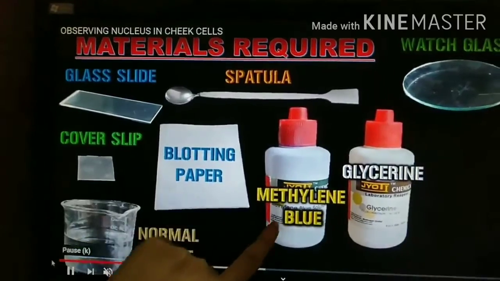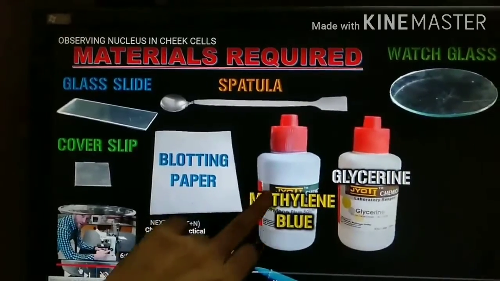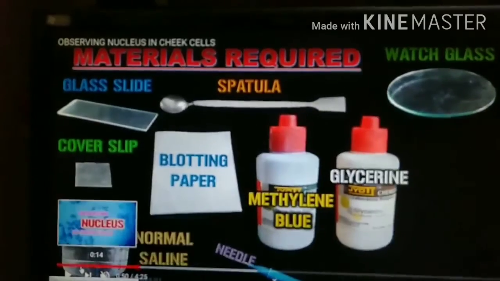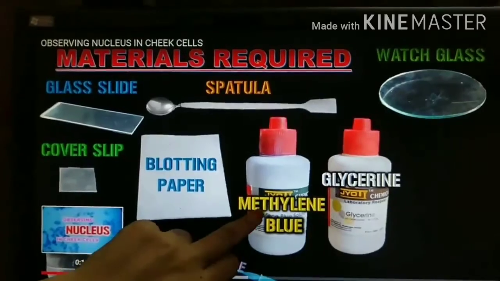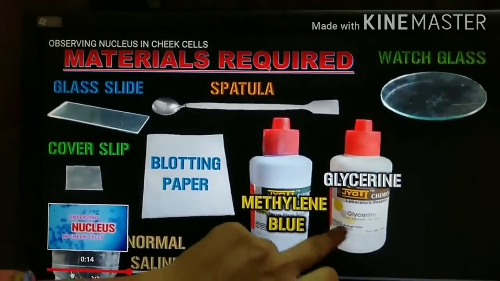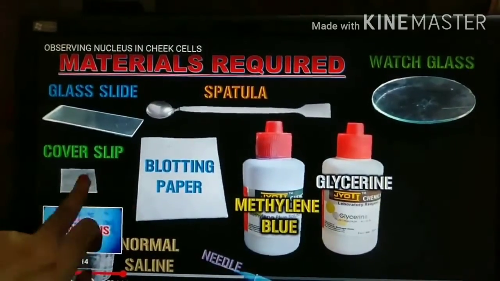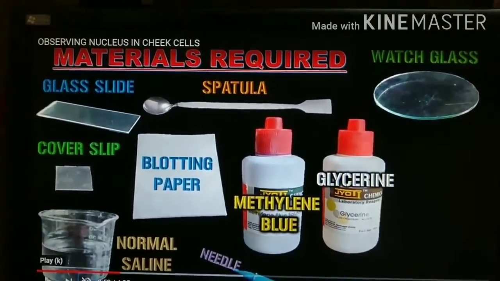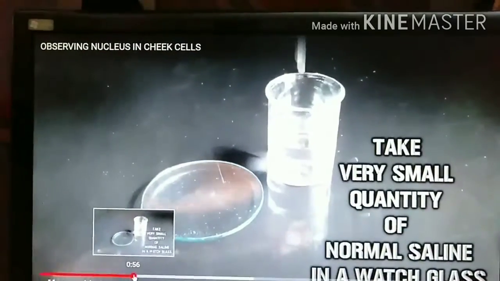This is the dye through which we can easily see the nucleus. This is glycerin, to keep the cells more lively. This is a needle to place the cover slip on the glass slide, and a microscope to view.